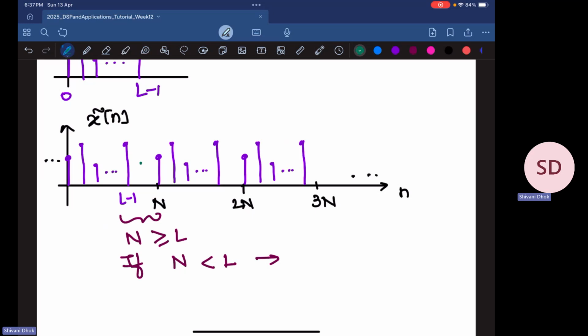For example, if the signal is something like this, then everywhere I'll go on having overlapping signals, or rather replicas will overlap.